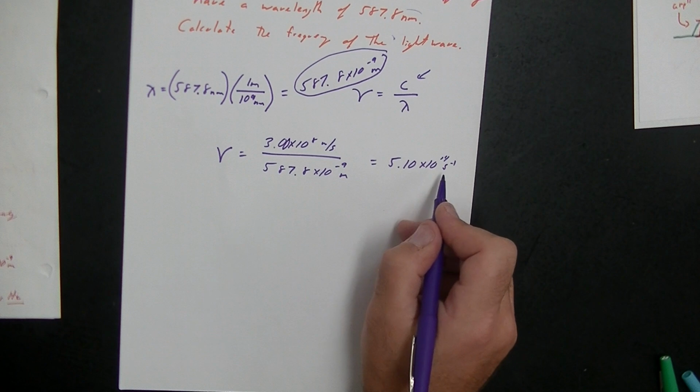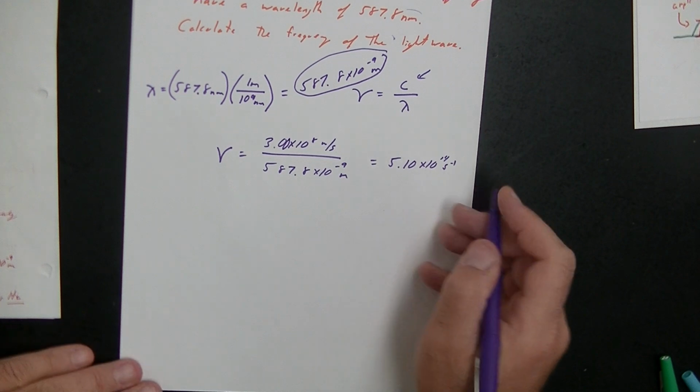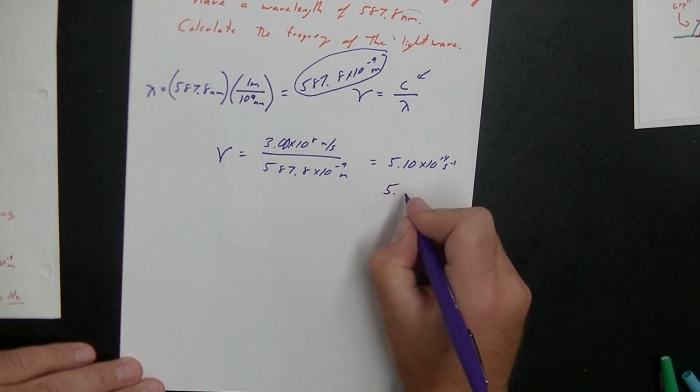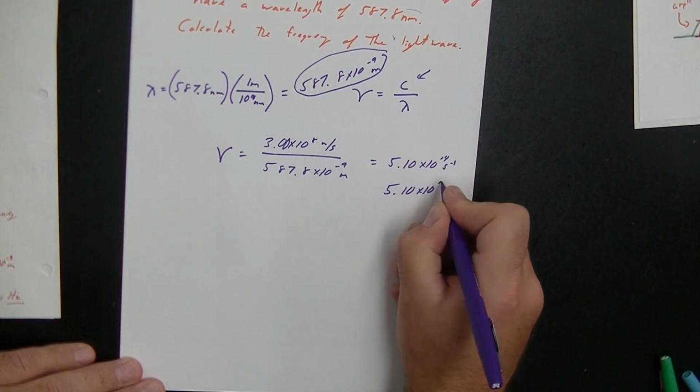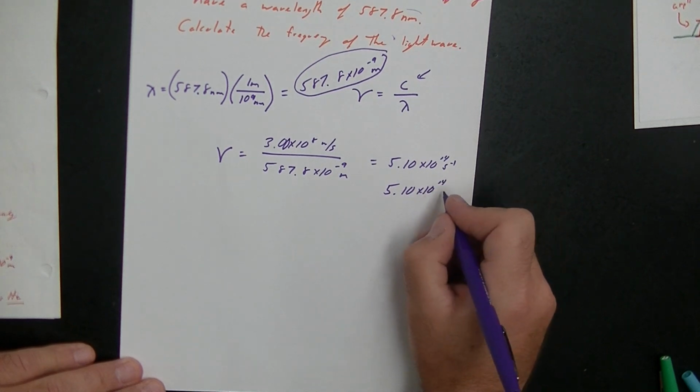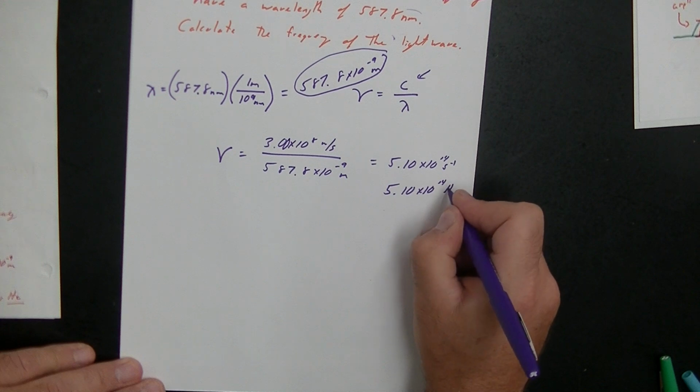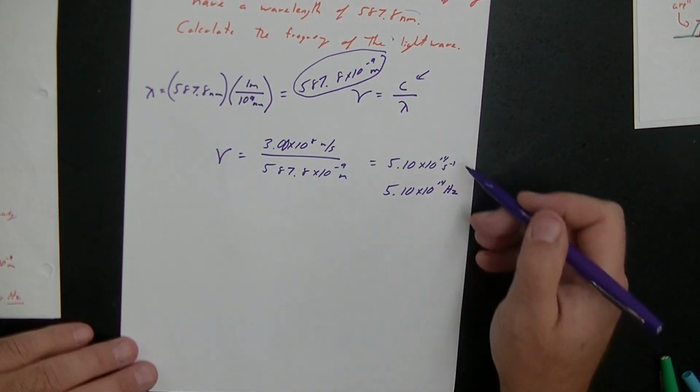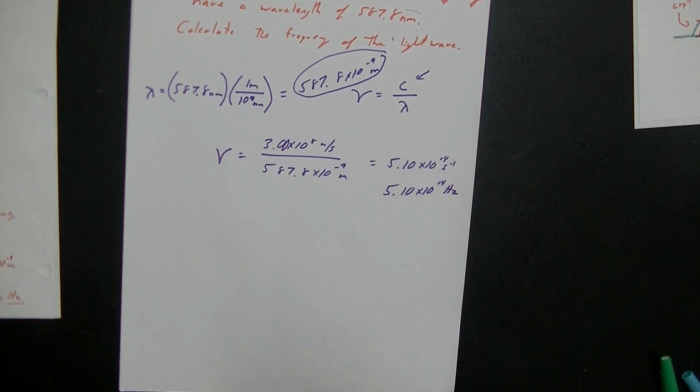That would be my frequency. I could also say 5.10 times 10 to the 14th waves per second, or hertz. Either one of them is acceptable. So this would be my frequency.